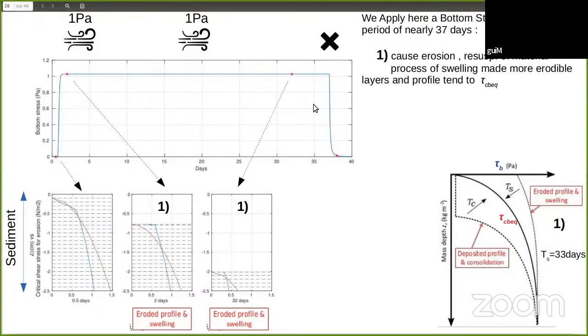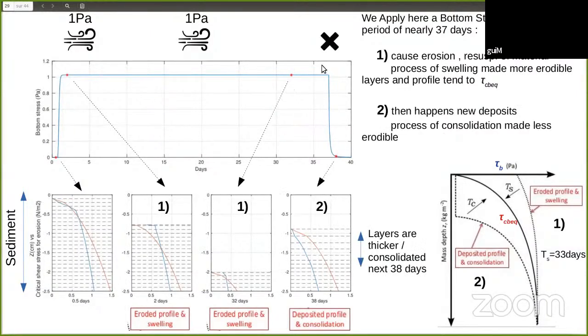What happened then? When we stop the stress, the material in the water column will deposit. Not all of it, but a part is depositing there, and we can see that we have a change of our profile, and regarding the thickness, the layer is totally different.